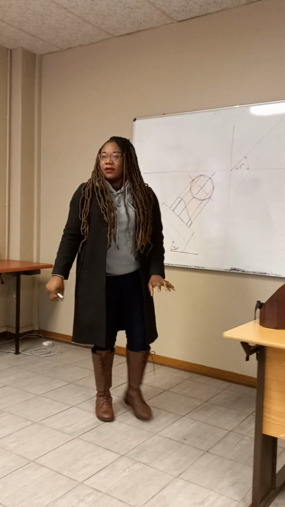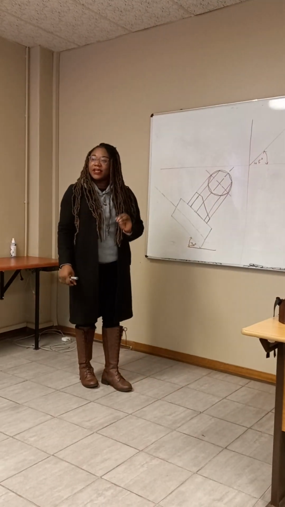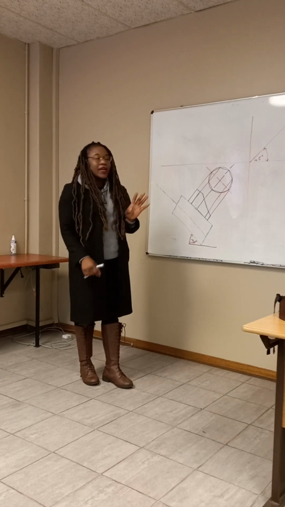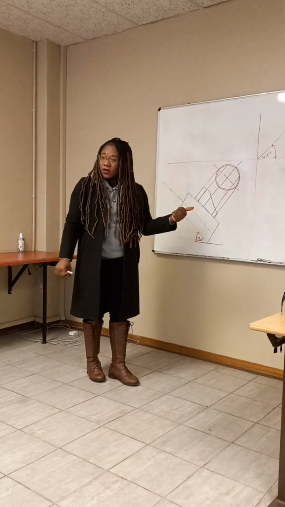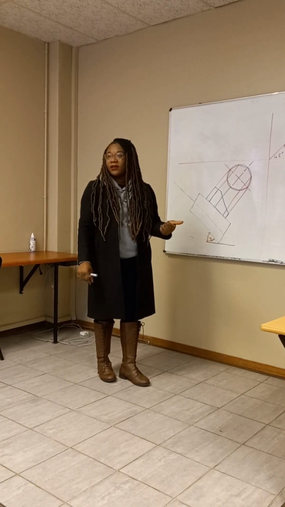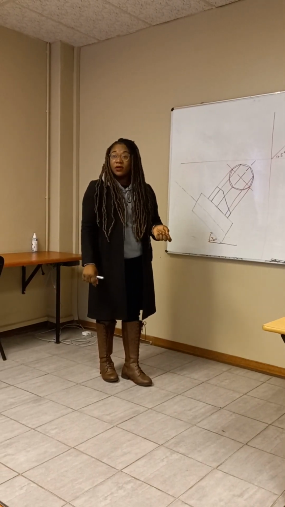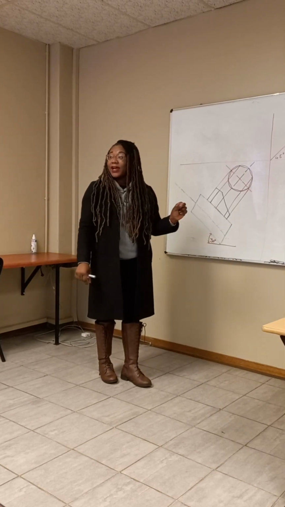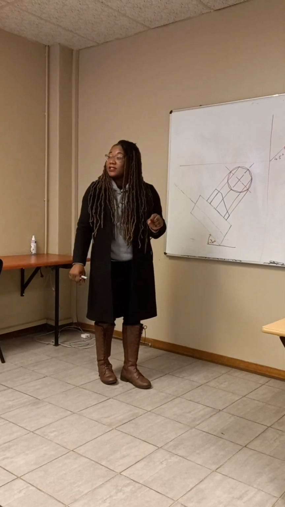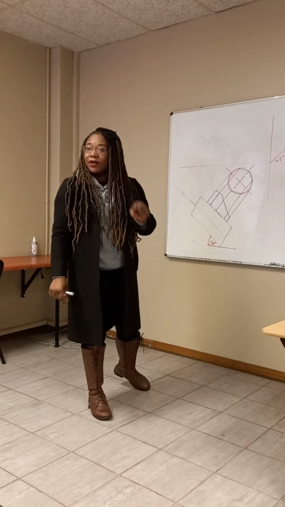The first thing is to understand in which orthographic projection you are drawing this question. This is coming from the textbook on page 135 in the General Drafting Textbook. They asked for a right view, and they are asking you to draw in third angle projection.